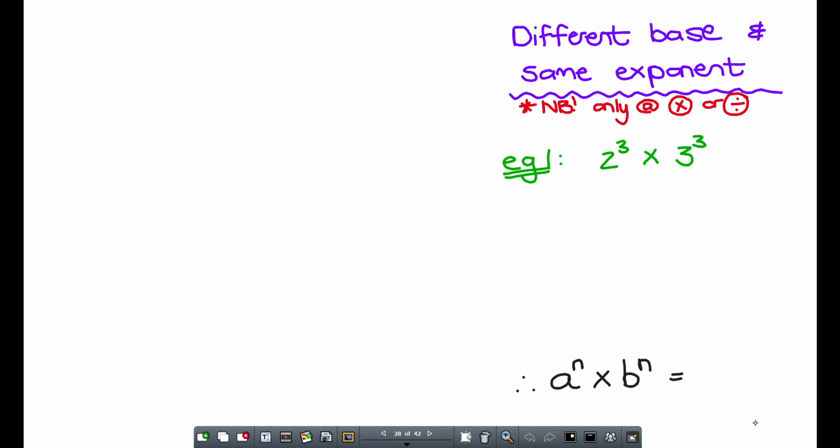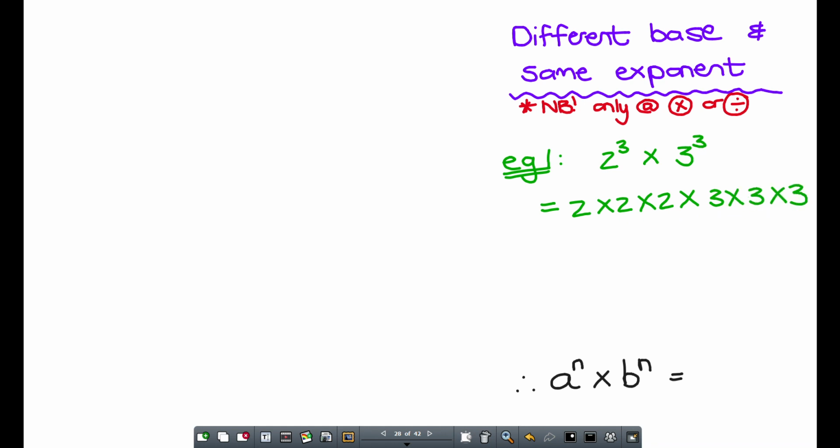Okay, so example 1. 2 to the power 3 times 3 to the power 3. If I were to write it out the long method, that is 2 times 2 times 2, and then 3 times 3 times 3.